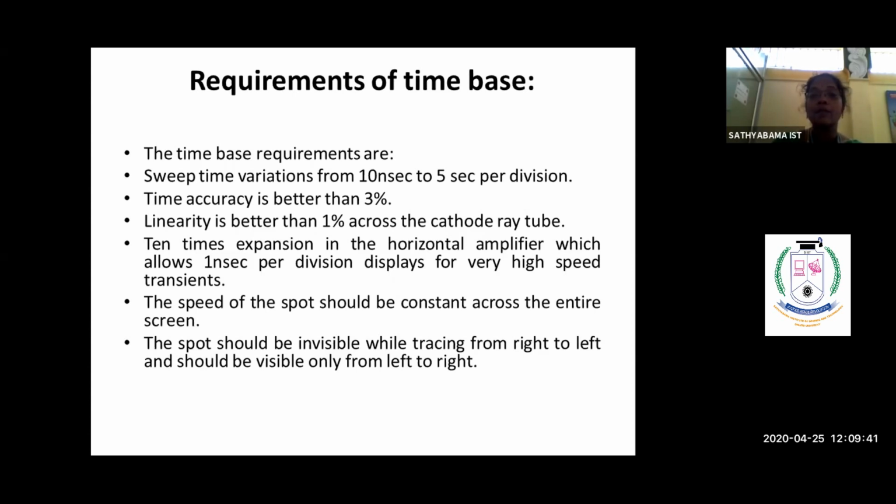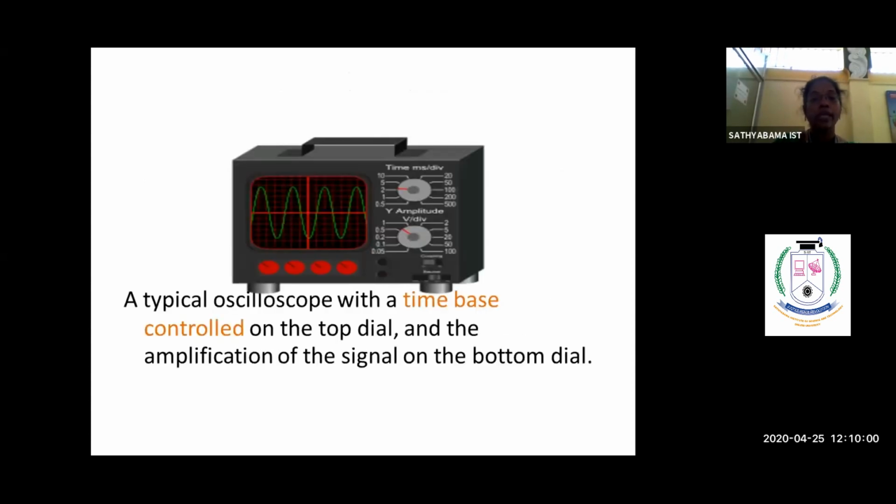Then there is 10 times expansion in the horizontal amplifier, which allows 1 nanosecond per division displays for very high speed transient values. The speed of the trace should be constant across the entire screen. The retrace from right to left should be invisible and the trace should be visible only from left to right.